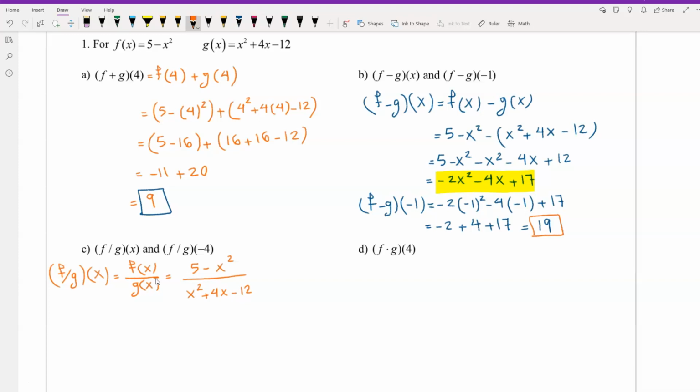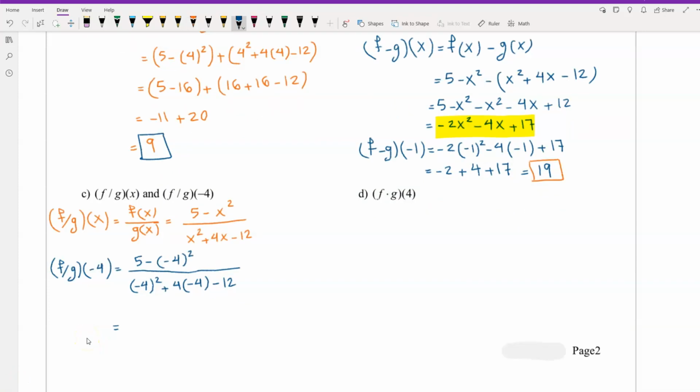And now finding f divided by g of negative 4, that is equal to 5 minus negative 4 squared divided by negative 4 squared plus 4 times negative 4 minus 12. So on top we have 5 minus 16, and that is negative 11. Denominator we have 16 minus 16 minus 12, so we have negative 12. So the final answer is 11 divided by 12.